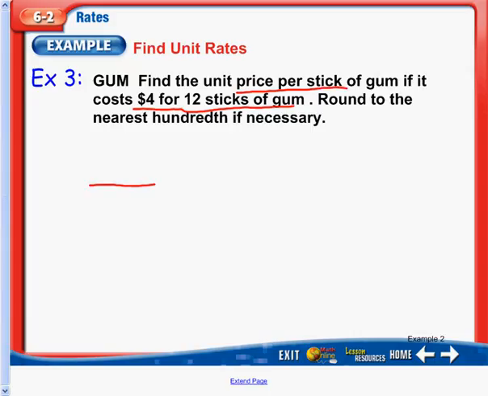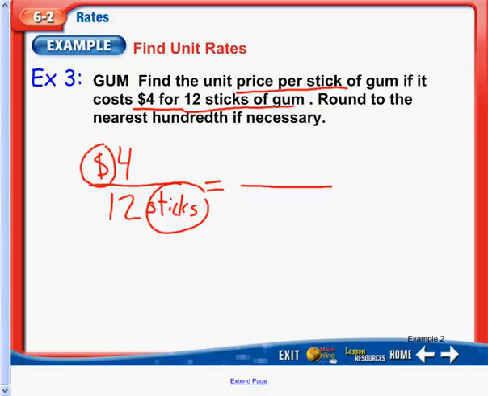So, per stick meaning our sticks are going to be on the bottom. And then our dollars, which is 4, is going to be on top. So here our label is dollars and sticks. So it's not necessarily true that we'll have our label at the end. We could have written out dollars in words, but it's just fine to use the dollar sign.